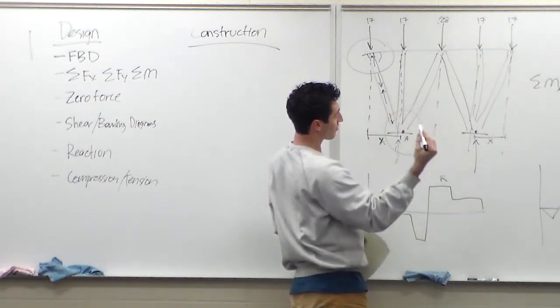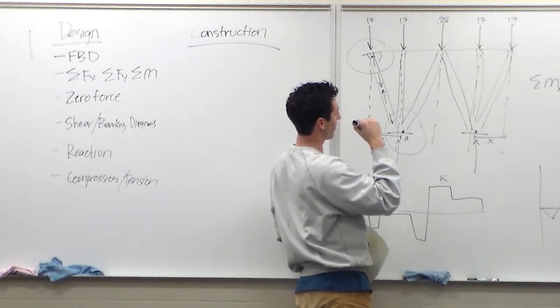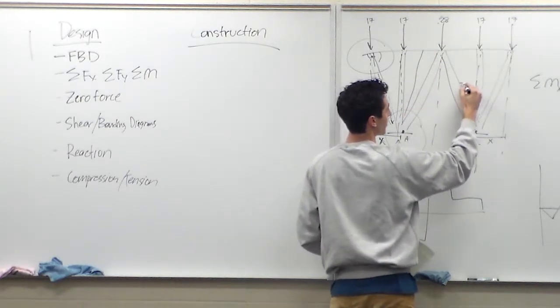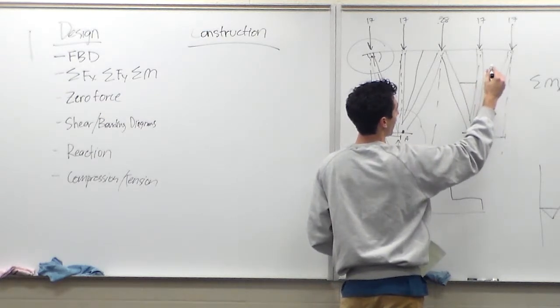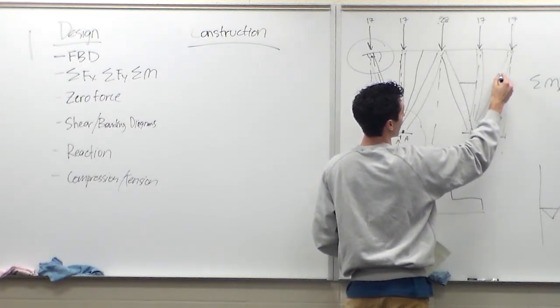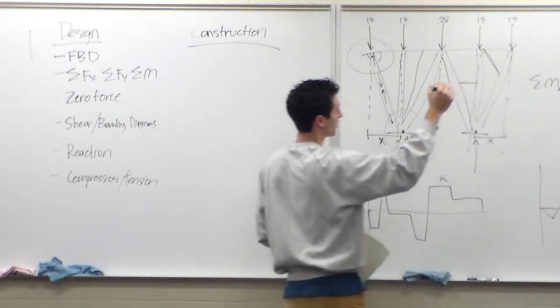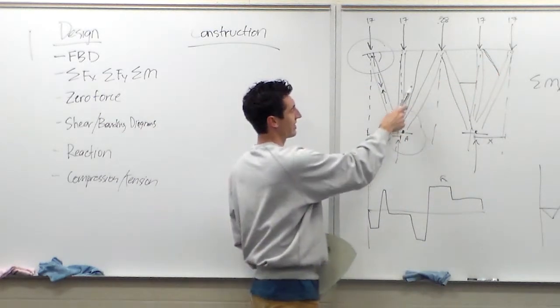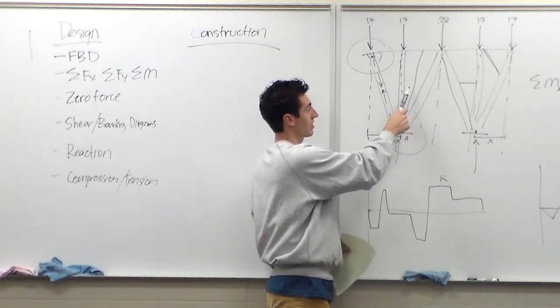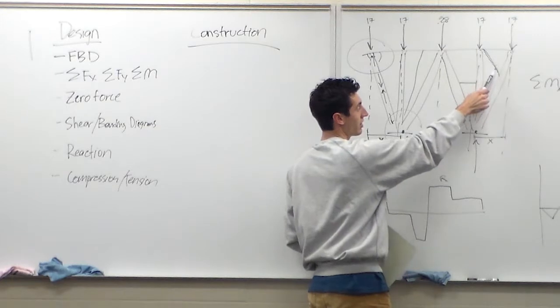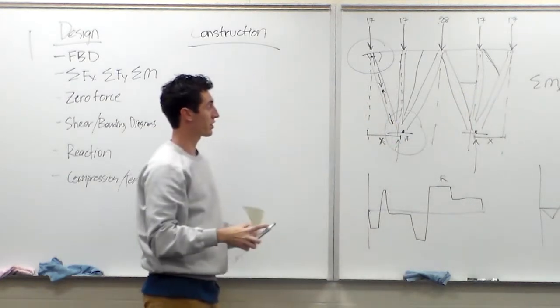But you'll see some bridges that will have, I don't know, maybe something like this, maybe something like this, maybe something like this. So we'll talk about this one. Zero force member? Yeah. Yep, this one? Yep. Yep, that one. Okay, they're all zero force members right there.